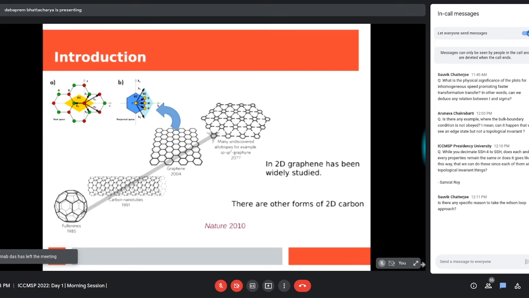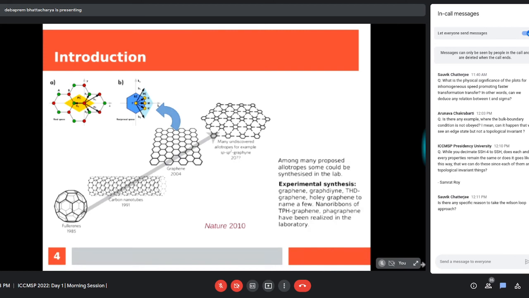There are certain materials which were proposed long back and have already been synthesized, not in a commercial way, not on a large scale, but on a laboratory scale, like graphene, PhD graphene, polygraphene. Some nanoribbons of graphene, TPH graphene have also been realized in the laboratory.